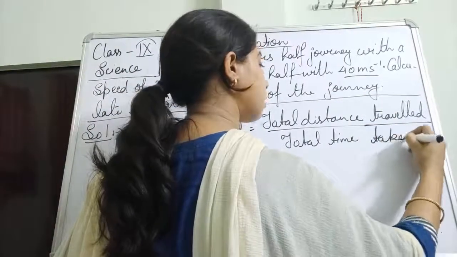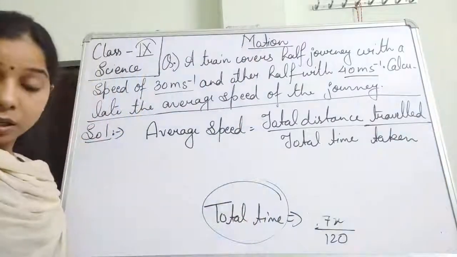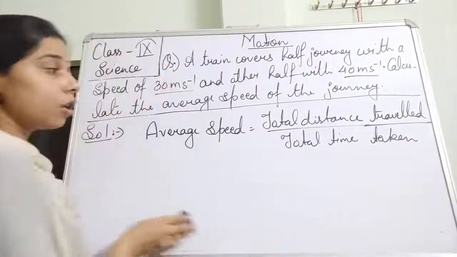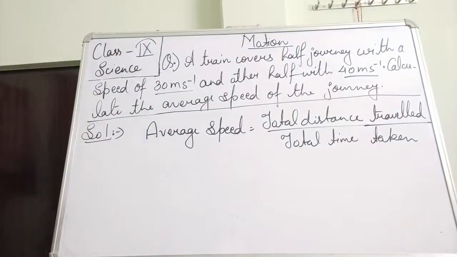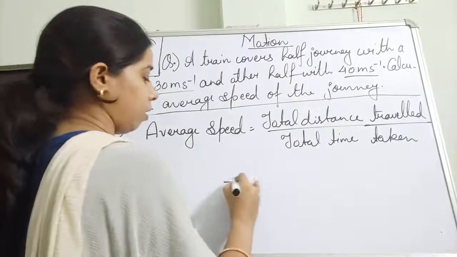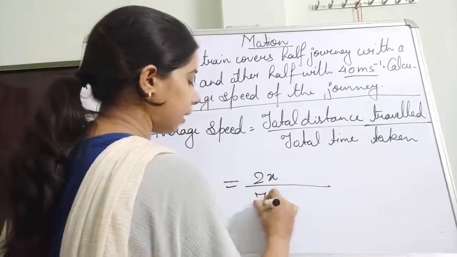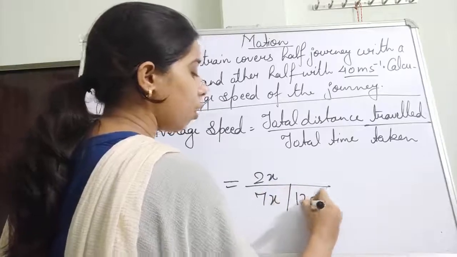This is how we find the average speed. Now you see here, students, the total distance traveled is given as 2x, and the total time taken is 7x upon 120.